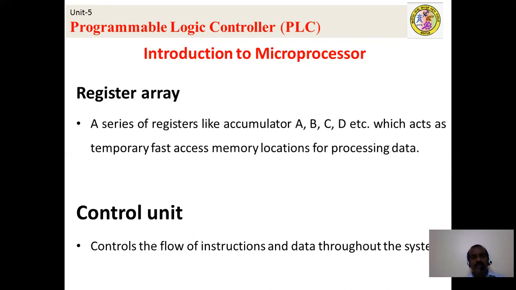What do you mean by register array? A series of registers, like accumulators A, B, C, D, etc., that act as temporary fast-access memory locations for processing the data. The control unit controls the flow of instructions and data throughout the system.